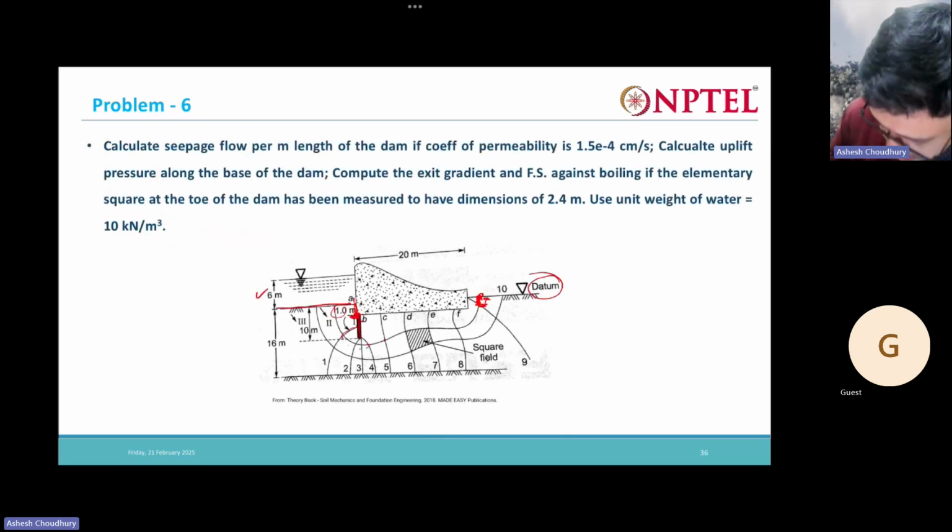Also, if you do not give this here, the flows will be like this, like this, and higher uplift pressure will be there. But with this, we reduce the uplift pressure also, because by increasing the flow path, we reduce the uplift pressure.